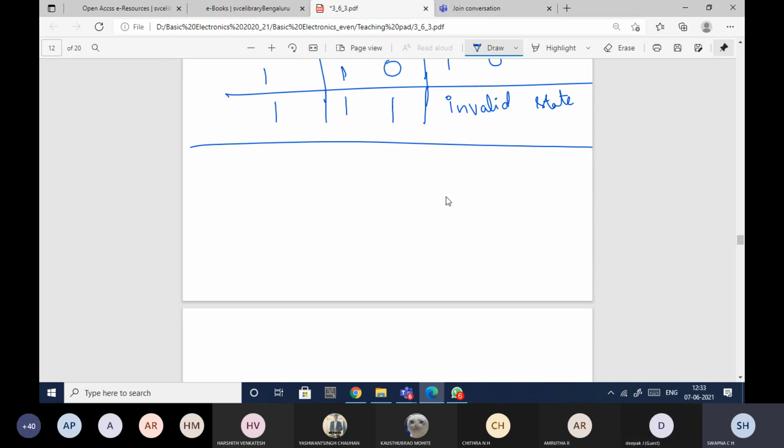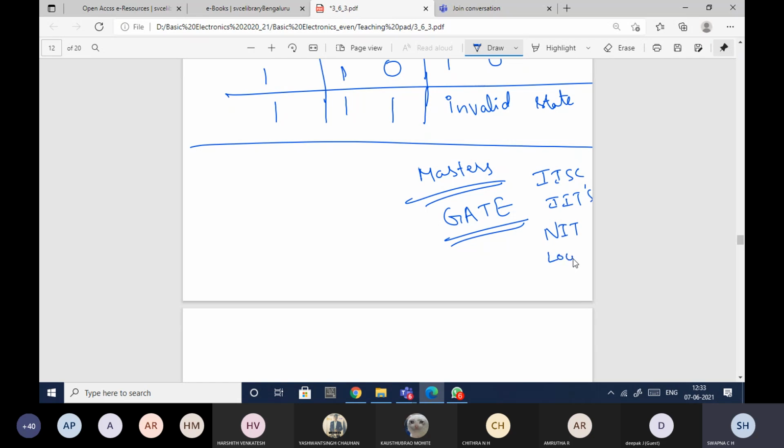If you want to do masters in India, then you need to go with the GATE. If you get a good score based on your percentile, you'll be able to choose IISc, IITs, NITs, then finally the local colleges and universities. For the GATE exam, sequential circuits and digital circuits are very important.